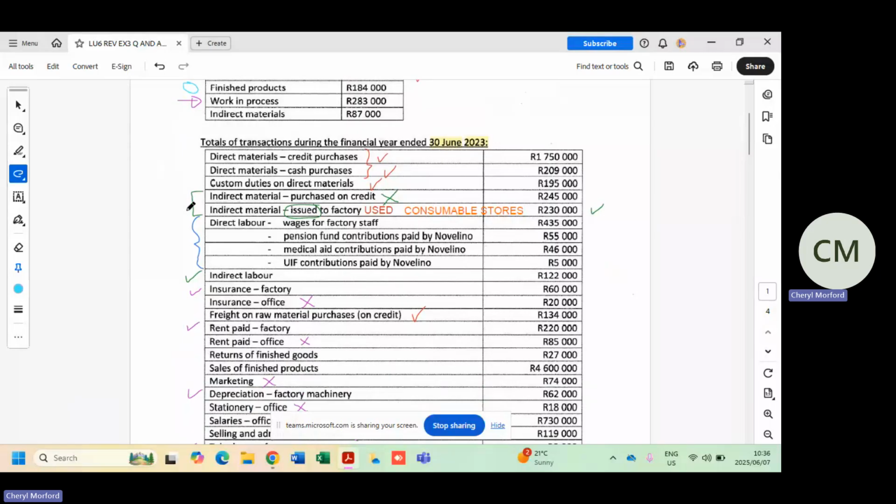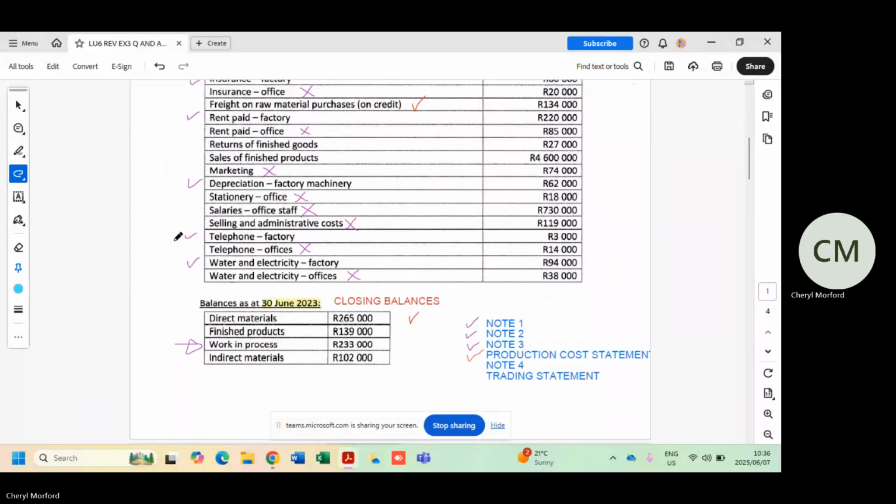We'll have a closing stock down here of the finished products. Stick with the color coding with the turquoise circle. So we're going to start by having opening stock. We're going to minus the closing stock. And then, this is the reason we actually did this production cost statement. Okay, we're going to add that cost in.